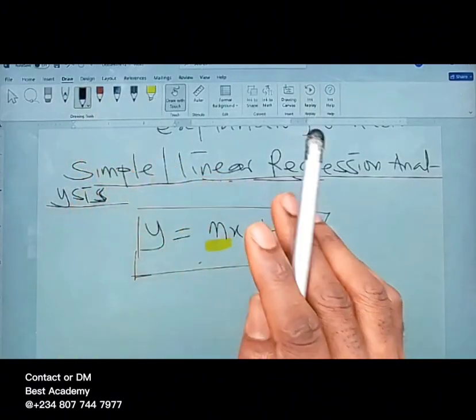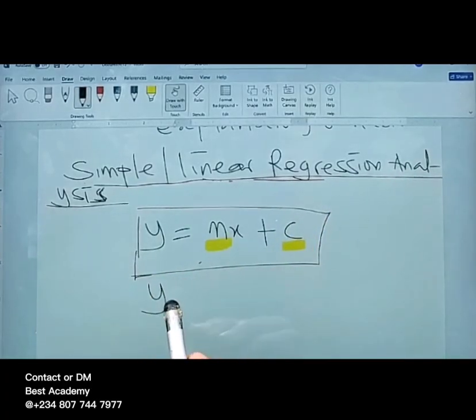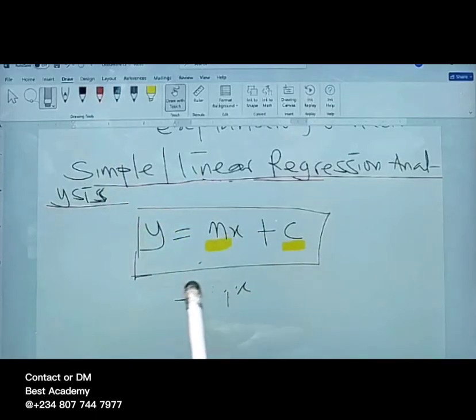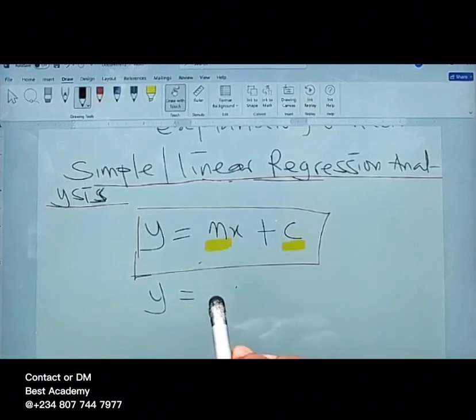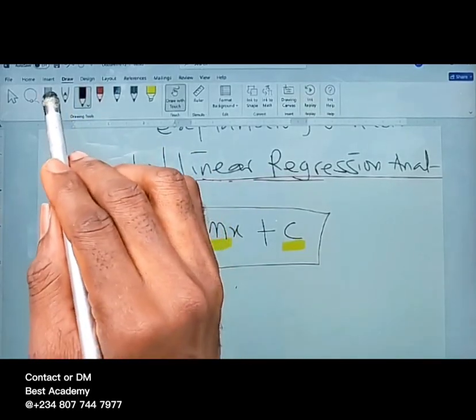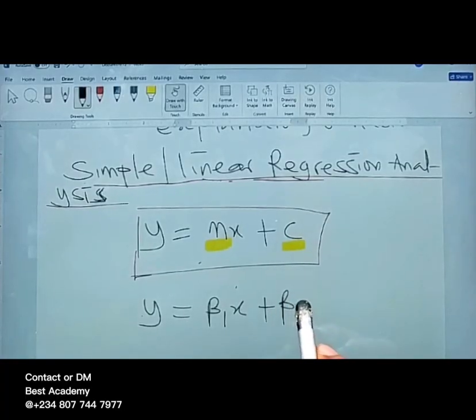Now the formula for regression analysis from this analogy, that is from this relationship here, is y is equal to beta 1 of x plus beta naught.